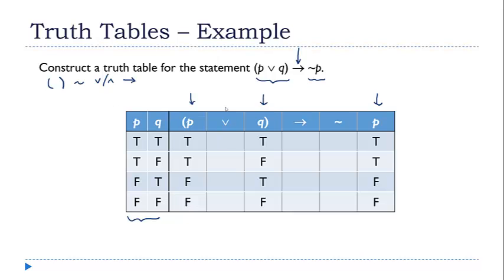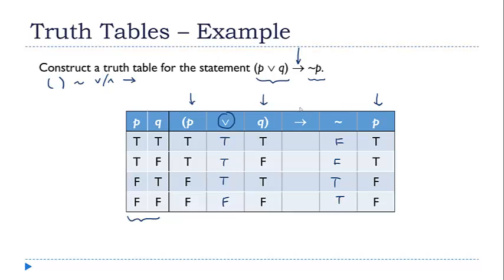With our statement here, I'm going to start with the parentheses, which means doing this or. And you remember an or is false only when both of the inputs are false. So I have two falses down here. This row is going to be false, and everybody else is going to be true. Then the negation just reverses the values of everybody that comes after it.